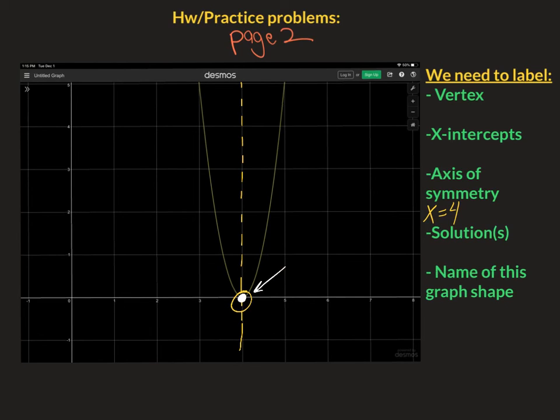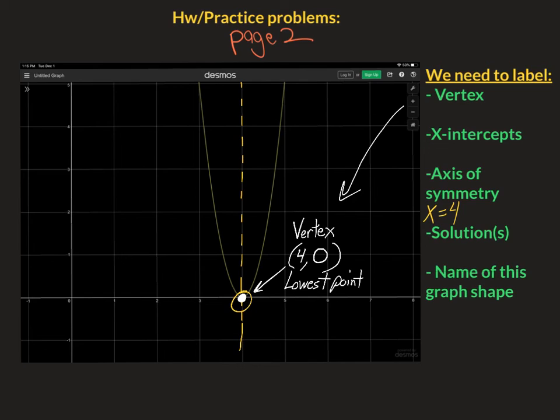And that point for the vertex is at x value 4 and a y value of 0. And in this case, it is the lowest point on this graph because the graph goes upwards forever from here. Starts at 0 on the y, just goes up to infinity on y.